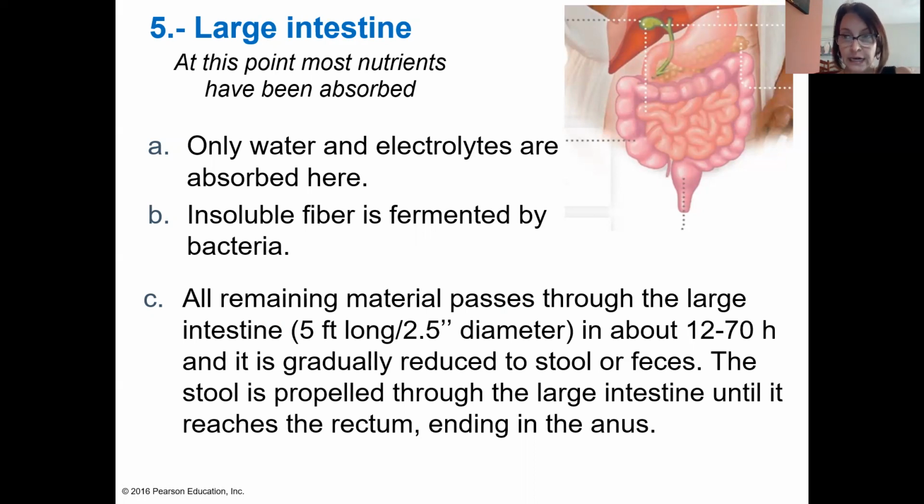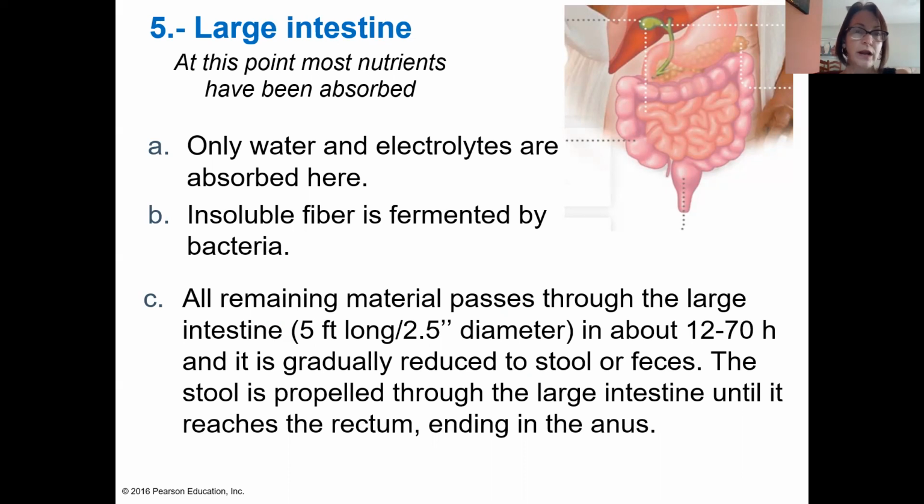By the time everything arrives here, all or most nutrients have been absorbed, and only water and some electrolytes, which we will learn about in the chapter about minerals, such as sodium, potassium, etc., are absorbed here.